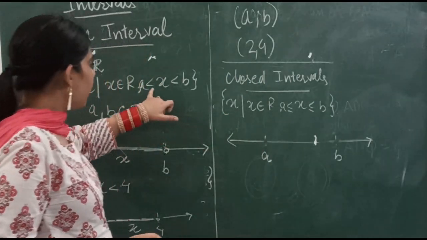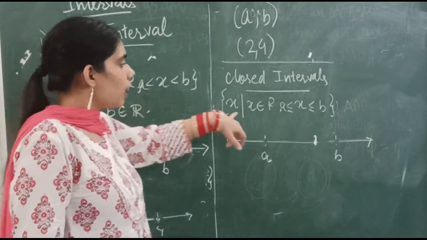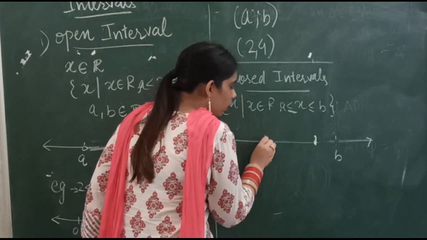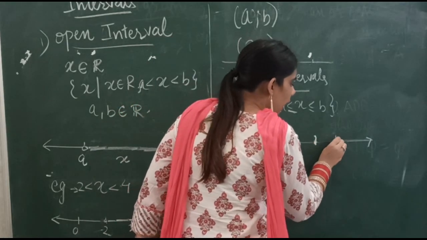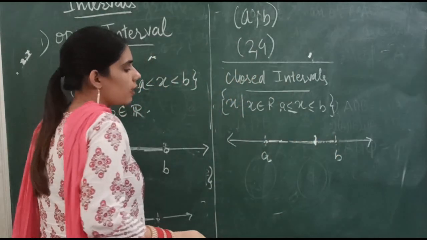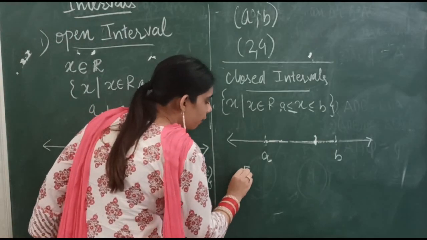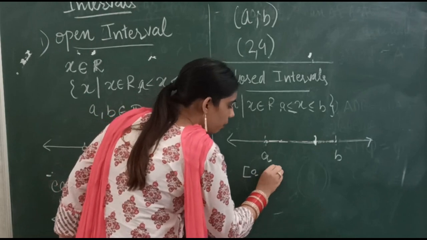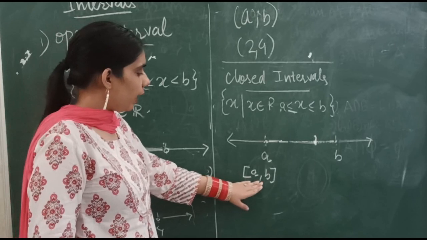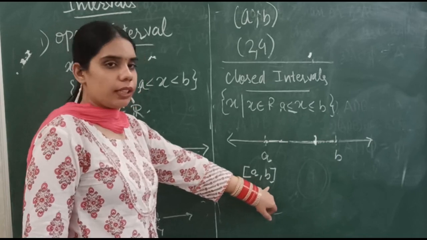Before, I said x is strictly greater than a. Here I am saying it can be greater than or equal to. So I will put a closed hole here and here, and I will simply bold this line. This is how I can represent a closed interval. In set form, I will use the square bracket and write a comma b, and this bracket will represent that a and b are included.